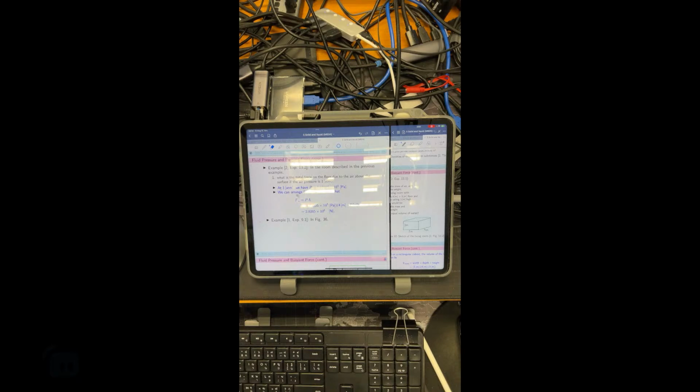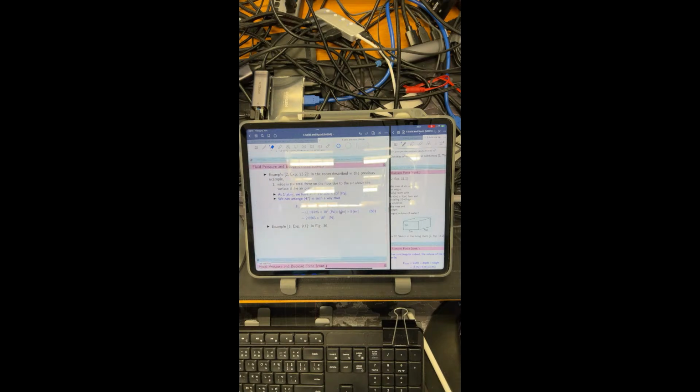In that example, we're going to consider what is the total force on the floor due to the air above the surface if the air pressure is 1 atm. So, how could we do that? That's the first example. Here's the second example. Okay, no problem.